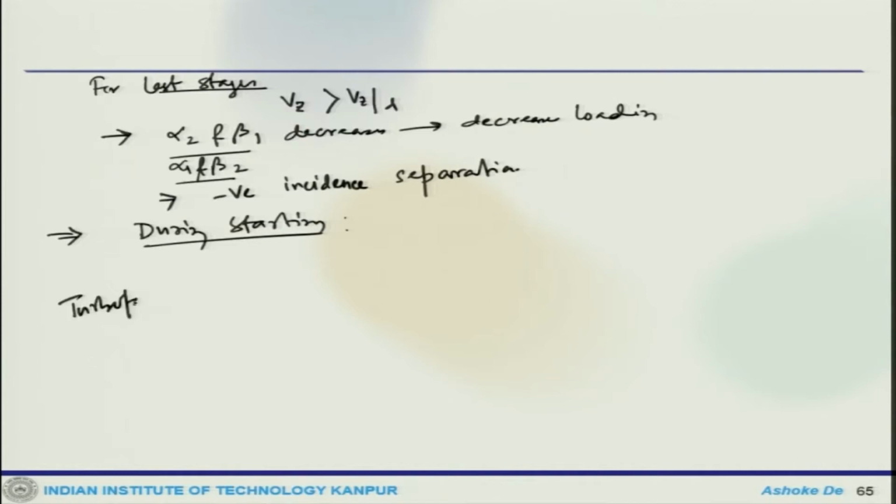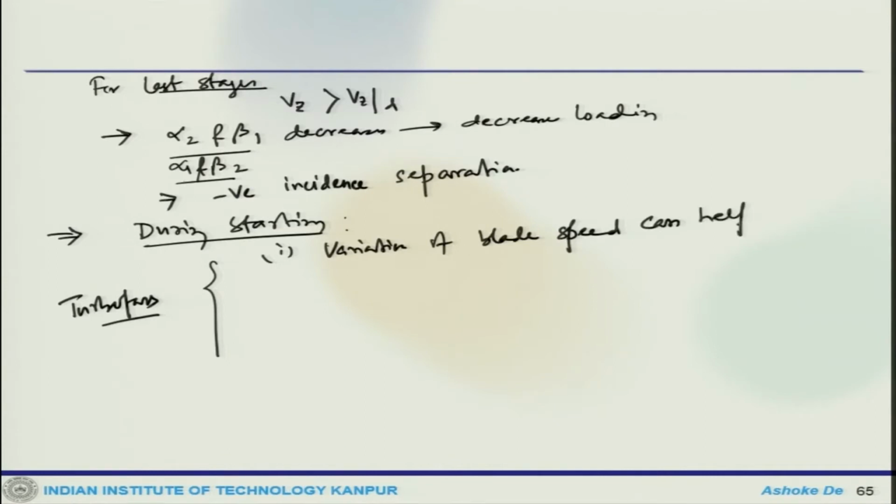For turbofans, since the front stage and the back stage behave in a different, or rather opposite, manner, a variation of blade speed can help to prevent failure, to maintain that ratio of Vz by u, which is sort of constant.